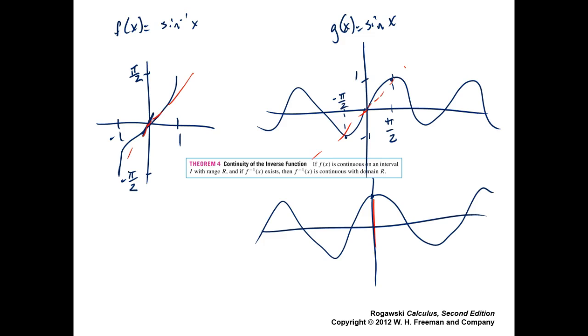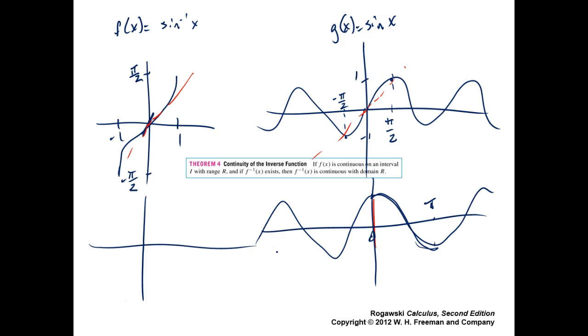This is pi halves, 0 to pi. And so you're 0 to pi here. That defines half a cycle, where it's a 1-to-1 function. So, how would the inverse cosine look?